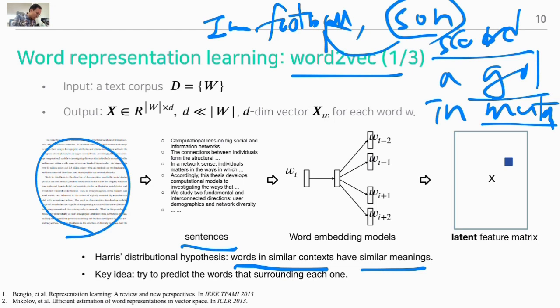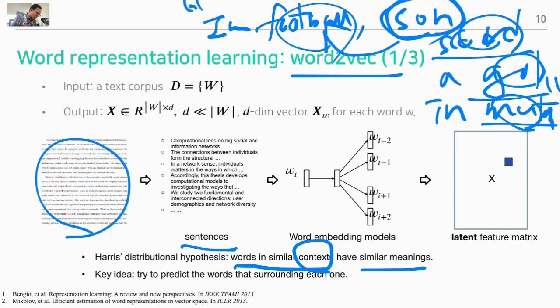Here, context is the relative location around the word. So Son in football, scored, goal, match have similar meaning in this sentence, right? So think about this.